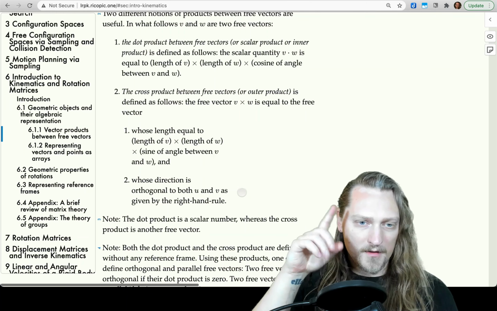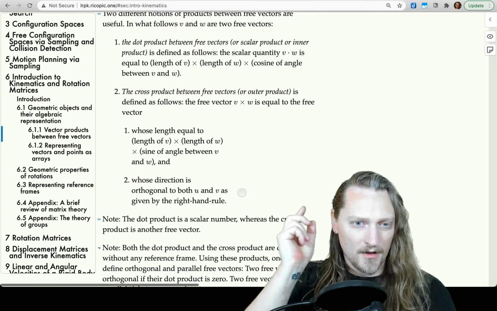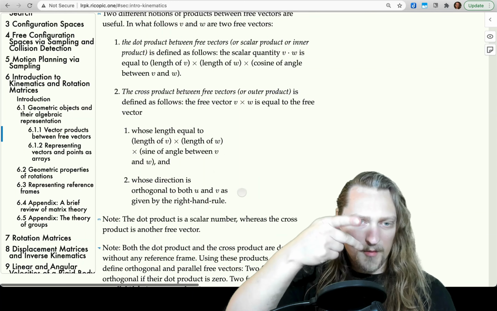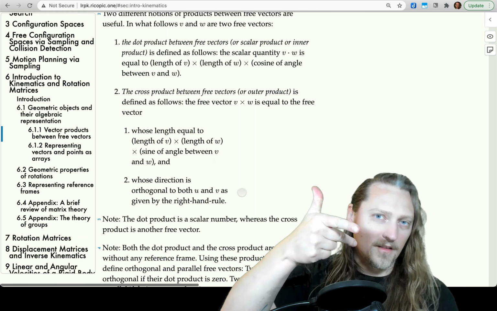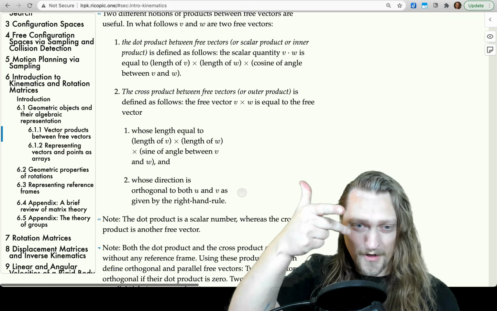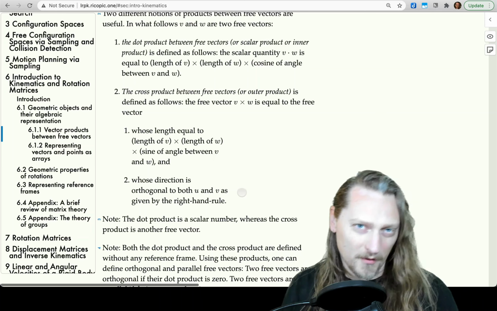So this is my right hand, even if it's mirrored for you, I'm not quite sure. V, W, the direction of the cross product is my thumb, my right thumb. Got to use your right hand. Doesn't work if you use your left hand.